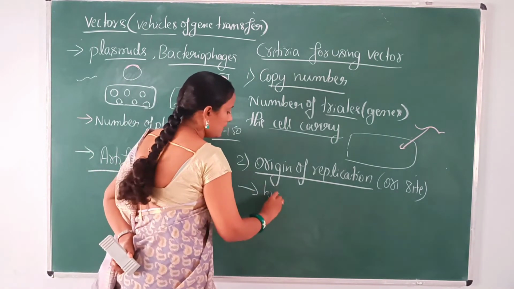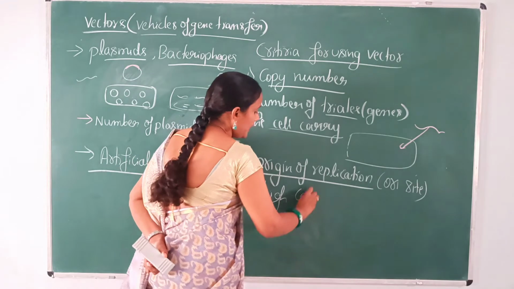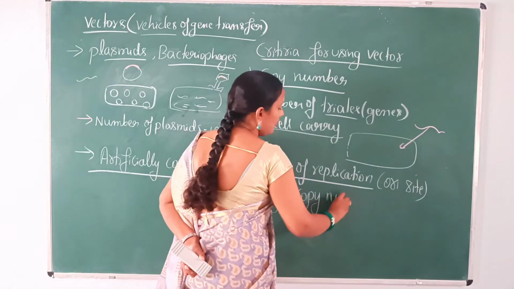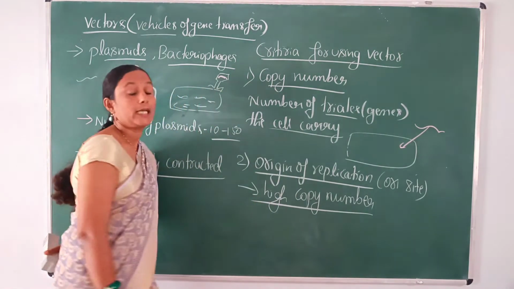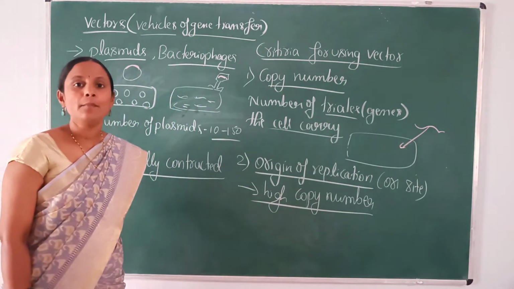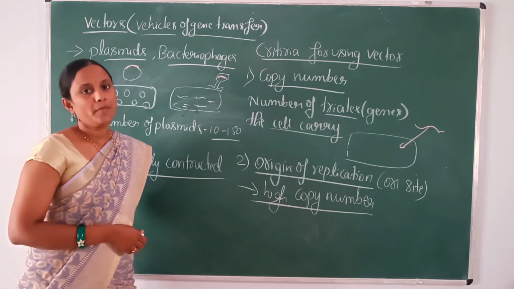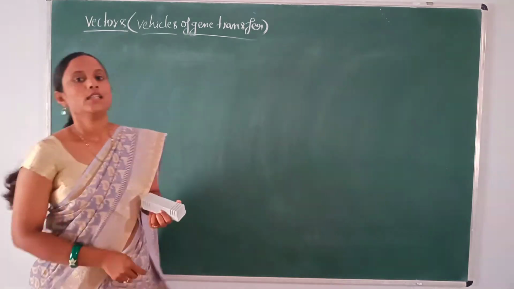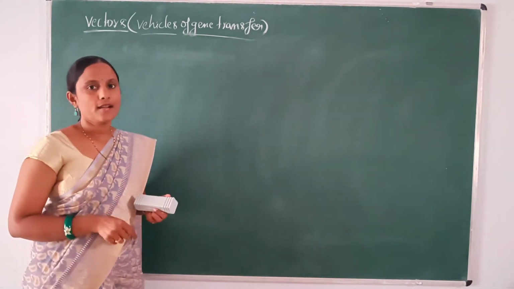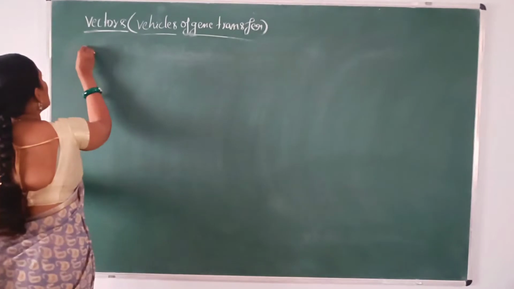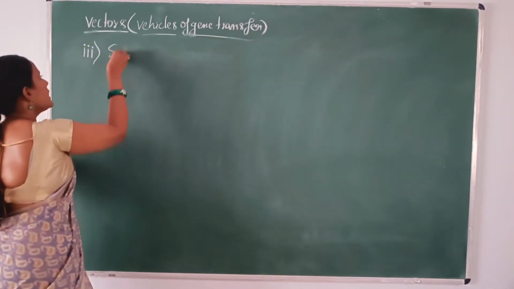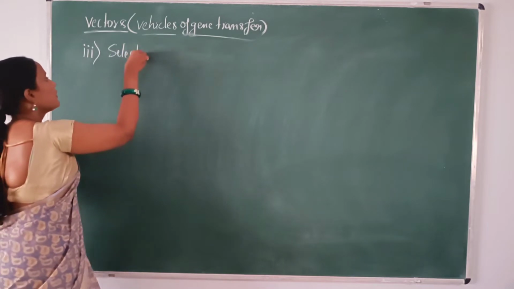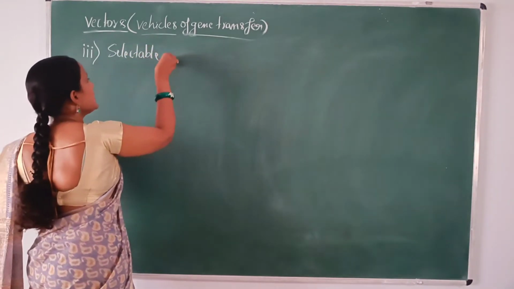So that vector is highly recommended to use in recombinant DNA technology. And the third criteria is the presence of selectable marker genes.